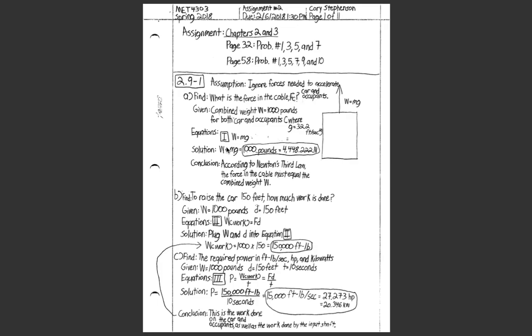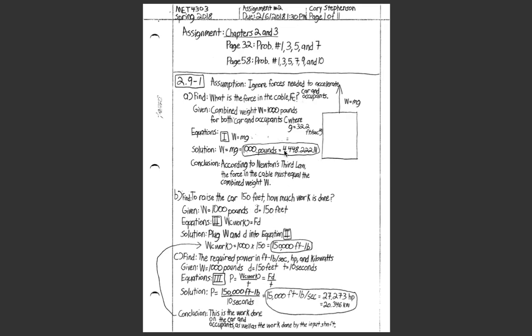Depending on how difficult the problem is, isolating for variables first before plugging in any numbers could be quite helpful to you. So I just wanted to mention that as well.